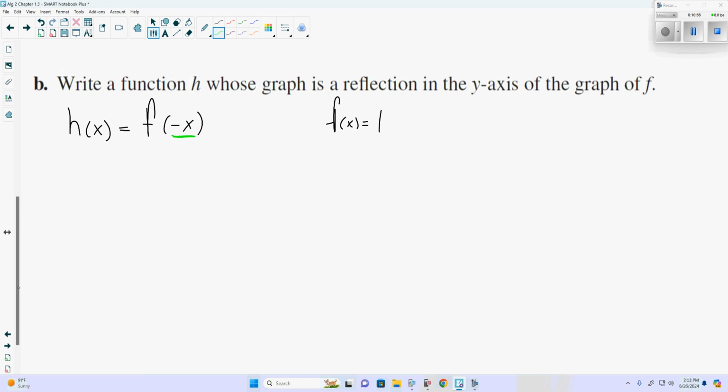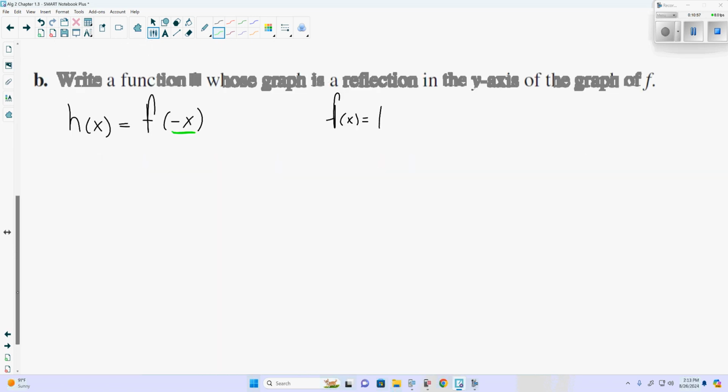And our absolute value of x plus 3. So here we're going to replace every x, replace this x with negative x, which means this x also has to be replaced with negative x.